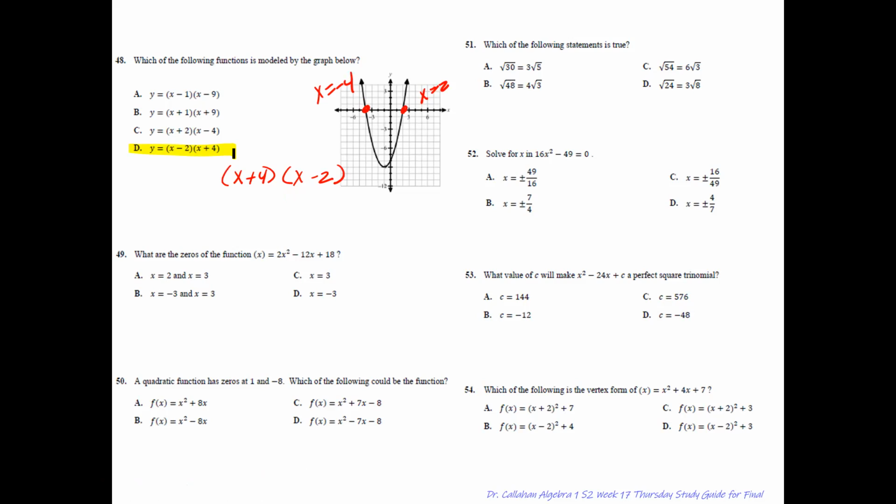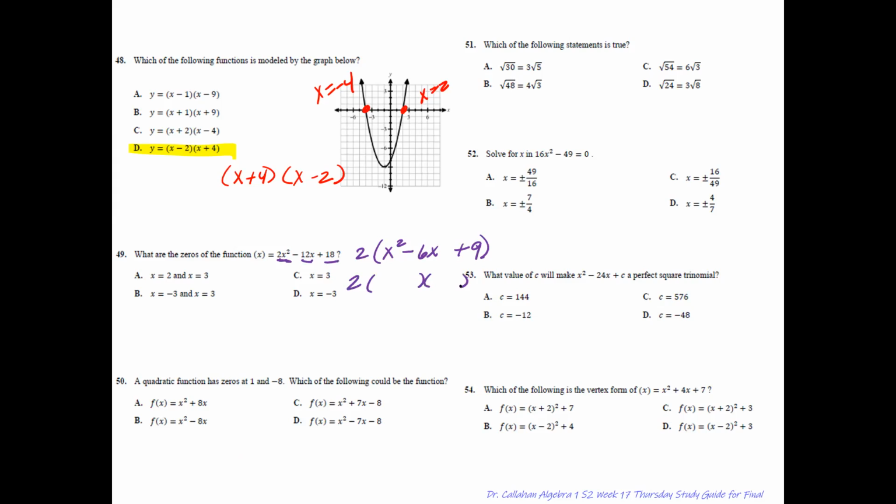49. What are the zeros of this function? Zeros are when you factor it and you set it equal to 0. Looking at this here, between the 2, 12, and 18, I could take out a 2, which gives x squared minus 6x plus 9.